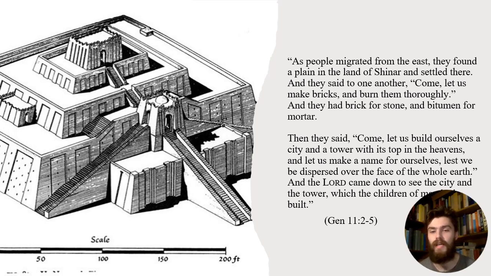And then the Lord came down to the city and the tower which the children of men had built. And the understanding here, we often think that the tower was built so that man could reascend into heaven and storm heaven. But I think it's much more clear that what man is trying to do is reinstate the sacred mountain of Eden and bring God's presence back down to earth.